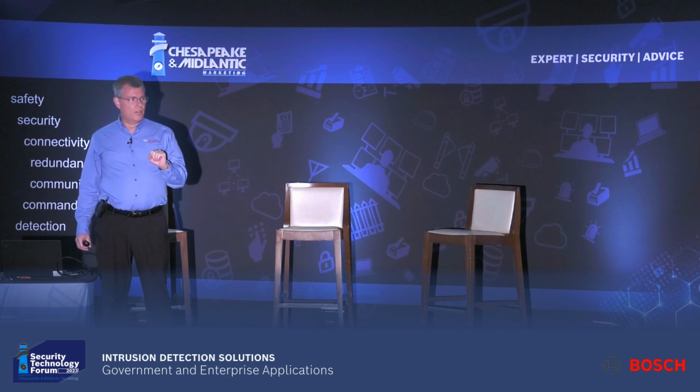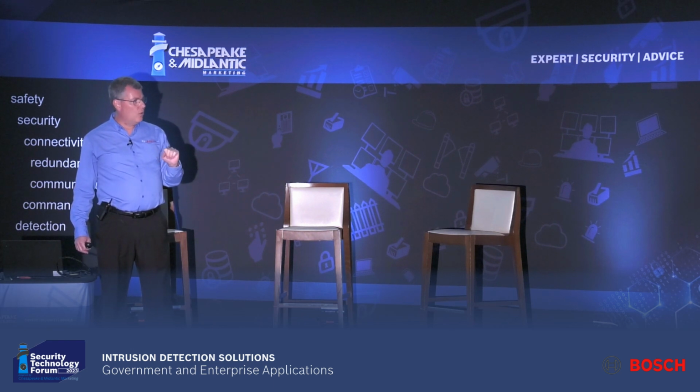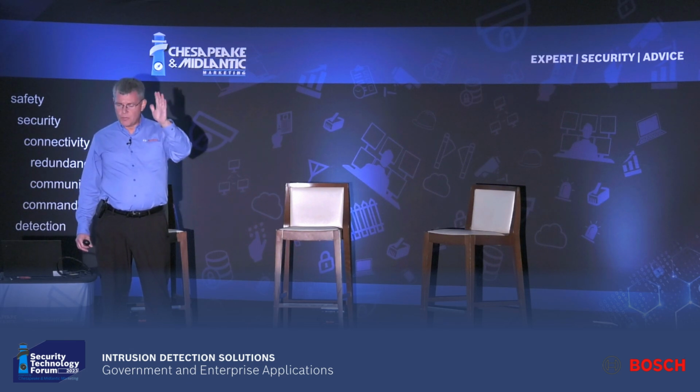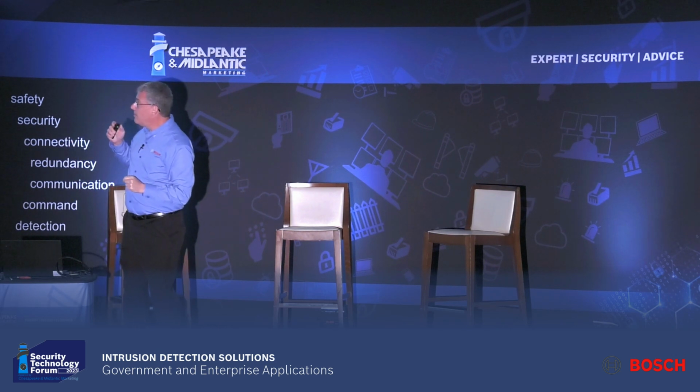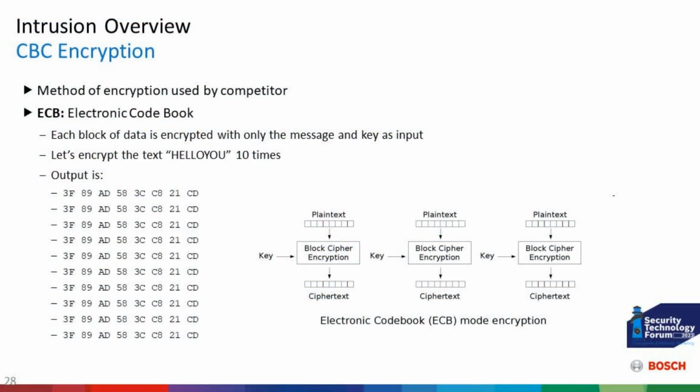And one of our competitors is using what's called electronic codebook, or ECB, encryption. What that means is that there's a list of encryption codes. So if you're trying to decrypt the message, you use one of these codes, one of these keys. And you can see that this message is the same every single time.